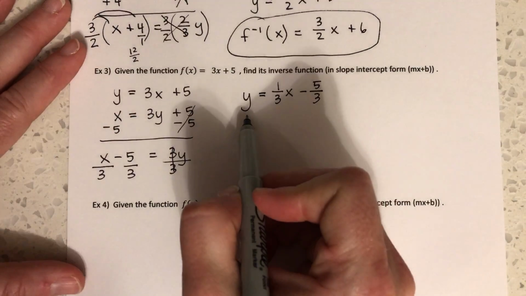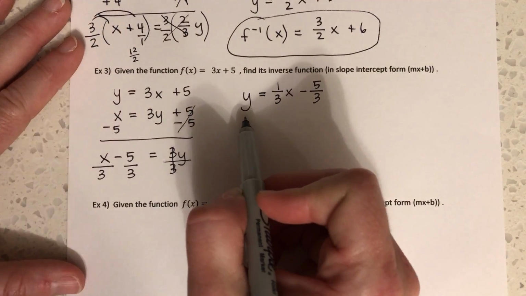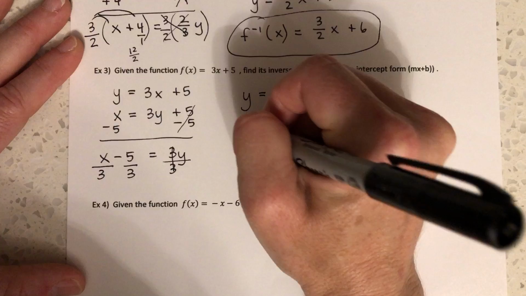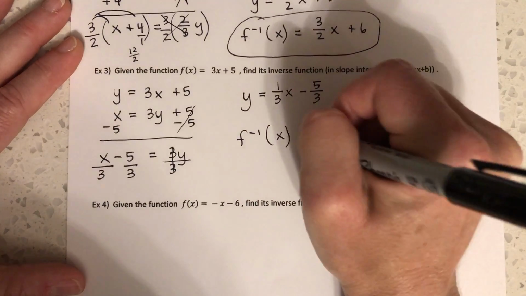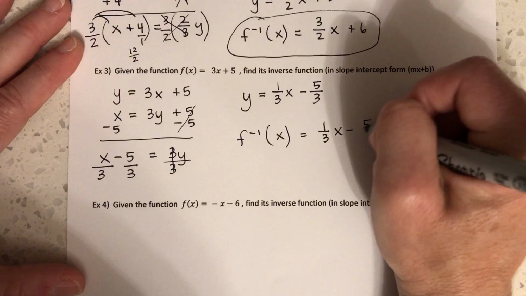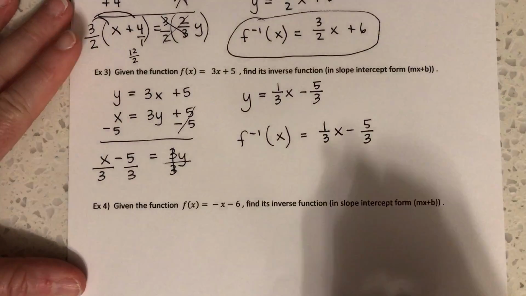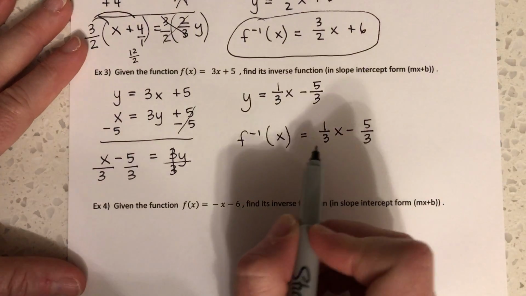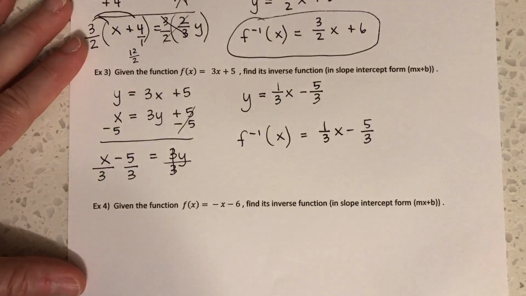Okay, and then again, just to finish it off, we replace y with f inverse of x equals 1/3 x minus 5/3. Okay, and there is the function that will undo everything that this function is doing.